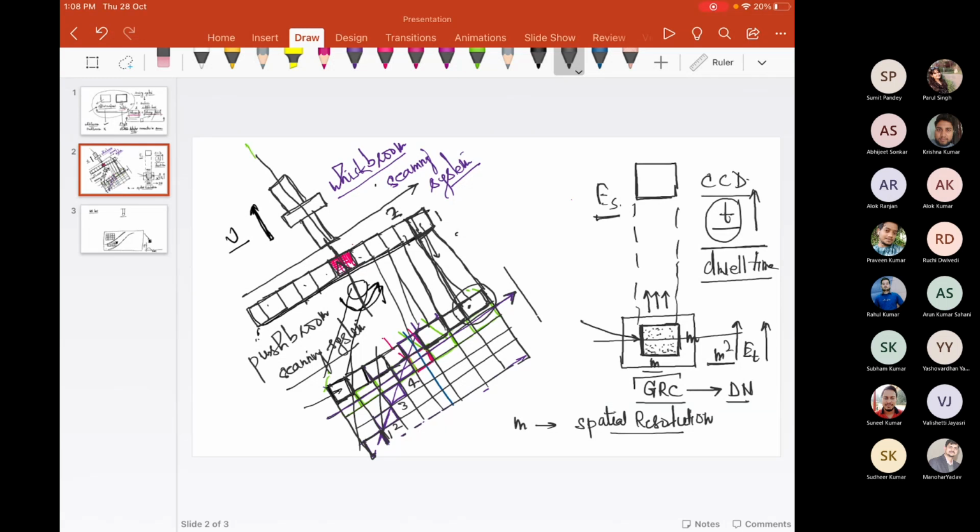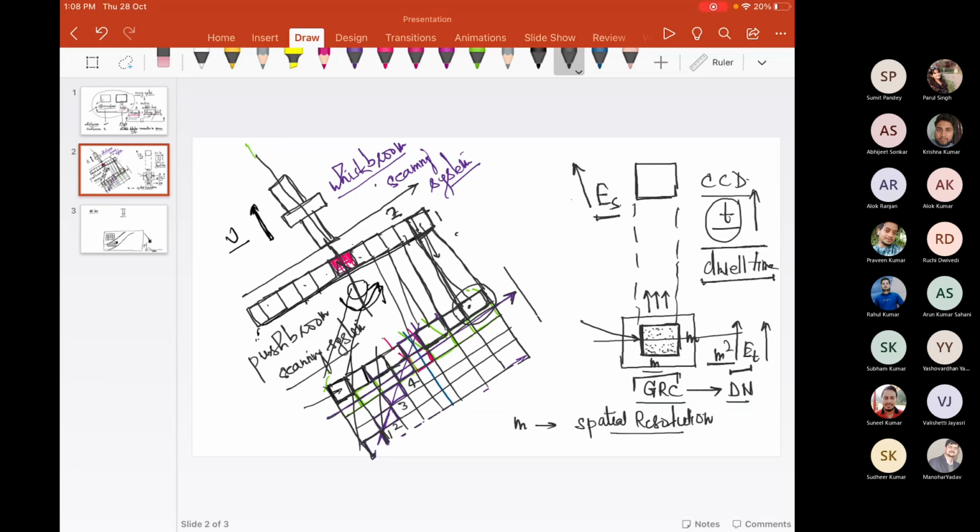Due to the increase in GRC, the energy reflected from the target, which I've written as ET, is increasing. Now by increasing the dwell time dt, the energy sensed at the CCD, ES, increases.